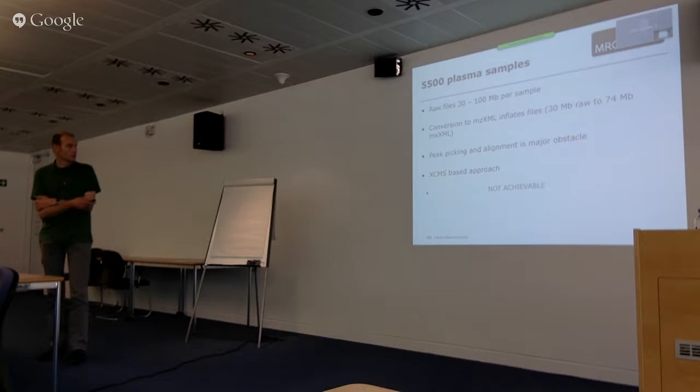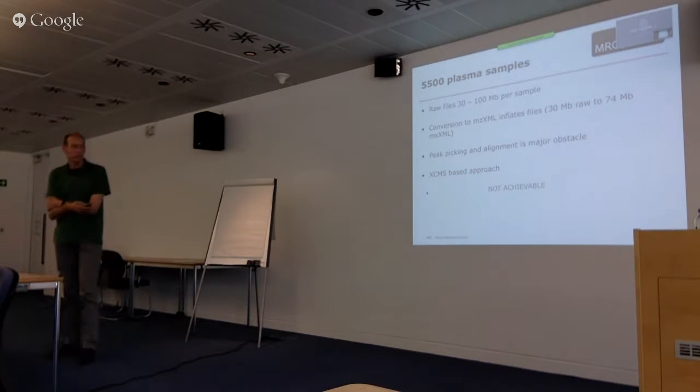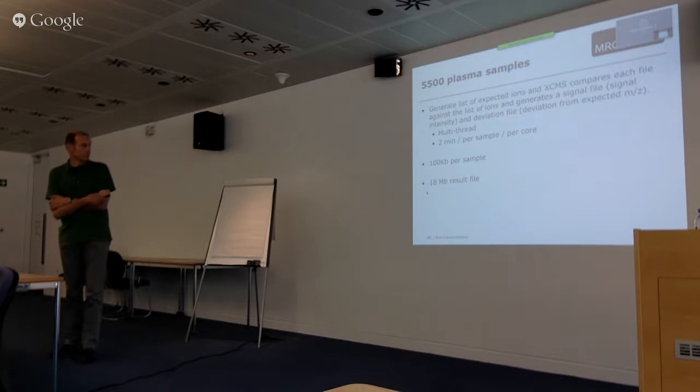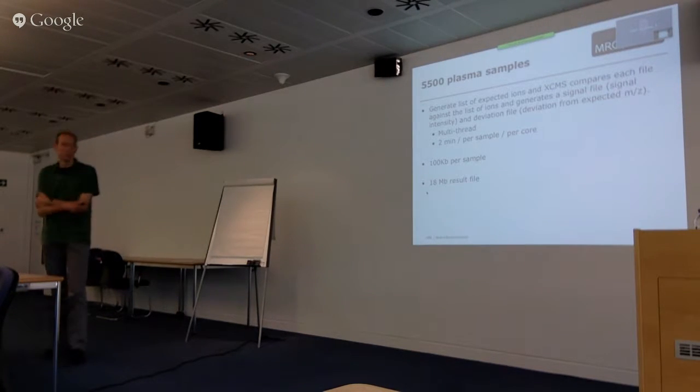So when we moved over to the second study, we had to use a different approach for peak picking, where we just compare it to a list of standard lipids, because that saves us the problem of using the alignment approaches in XCMS. And then we can multi-thread that data processing as well, so it's much quicker.